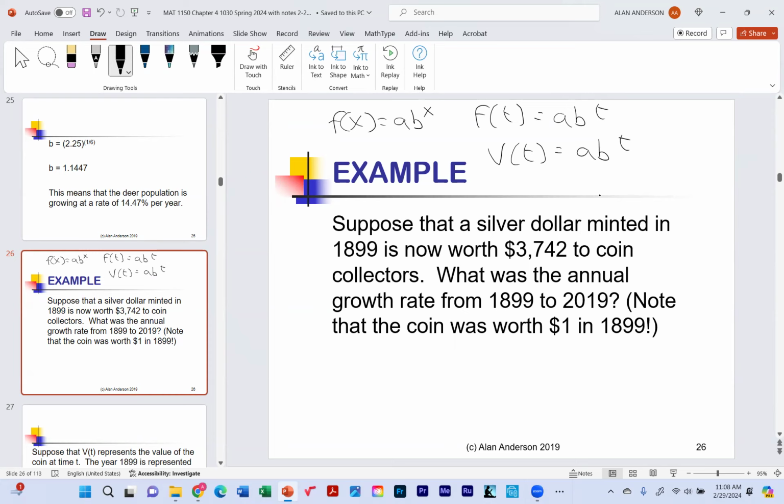So what do we know? Well, we're going to let 1899 represent time 0, and 2019 will therefore be time 120. So we also know that V of 0 is $1 and V of 120 is 37.42.